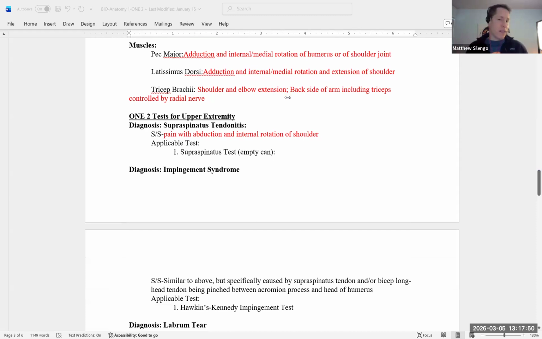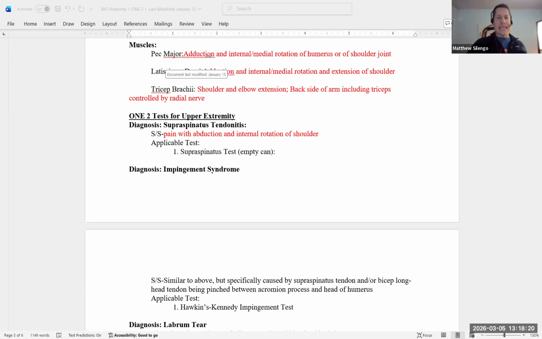Then, as far as some muscles that move the upper extremity, we'll mention a few as we go through some of these O&E tests as well, but a few that don't really have a specific O&E test that we want to highlight is the pectoralis major. Remember, the pectoralis major is going to essentially run from your sternum and your ribs and run in this direction and connect to your humerus here. So when this muscle contracts, it pulls your humerus towards midline.